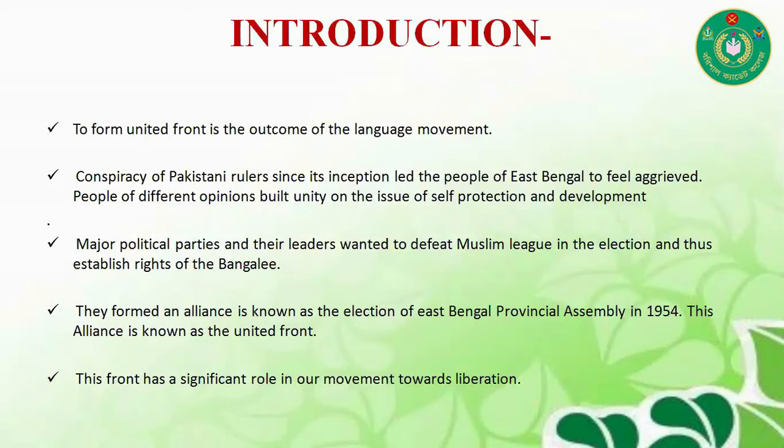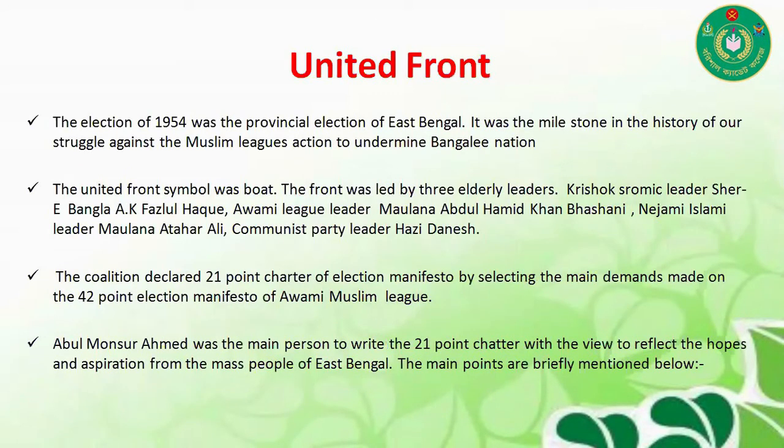The election of 1954 was the provincial election of East Bengal. It was a milestone in the history of our struggle against the Muslim League's action to undermine the Bengali nation, Bangla language and culture.